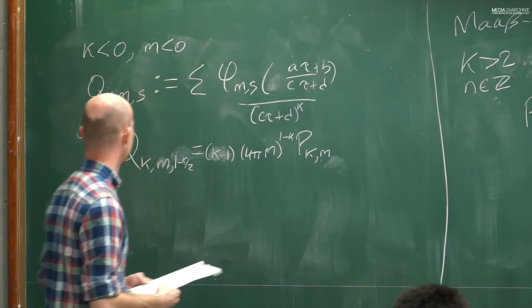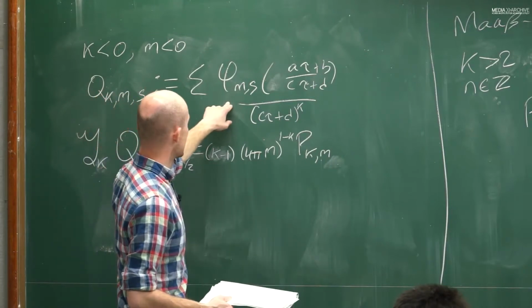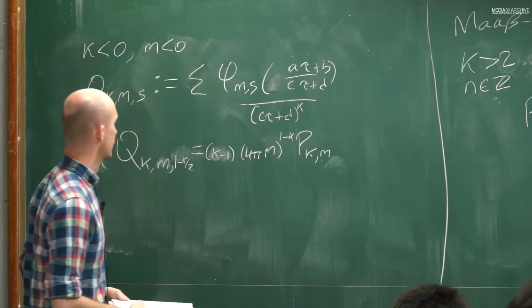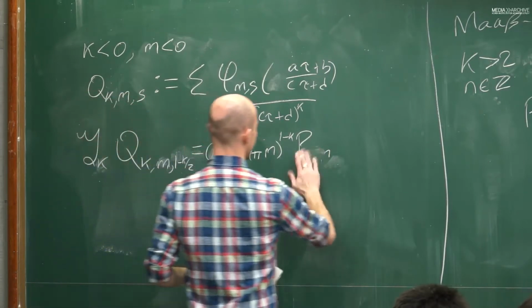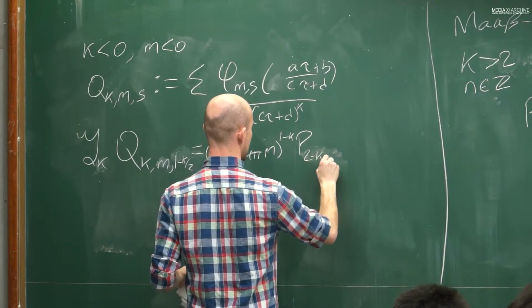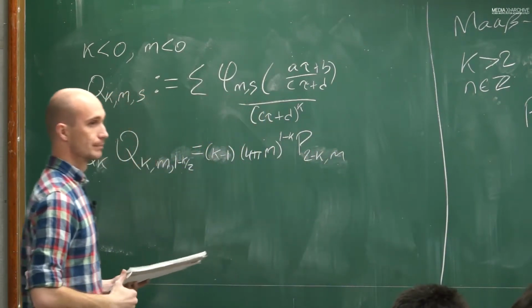Now, since we can create a Poincare series like this with any order of a pole that we want, P of 2 minus k, yes, thank you, the dual weight.